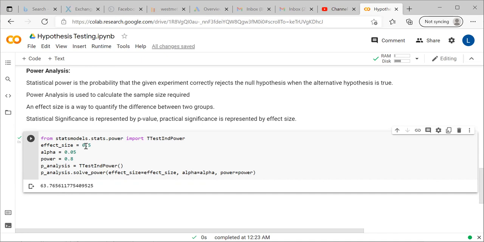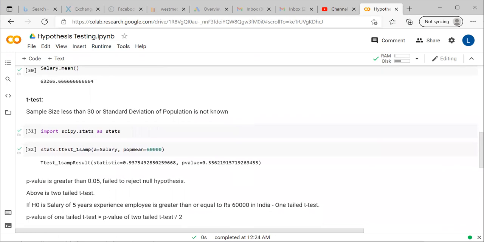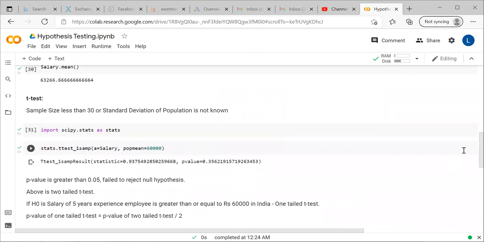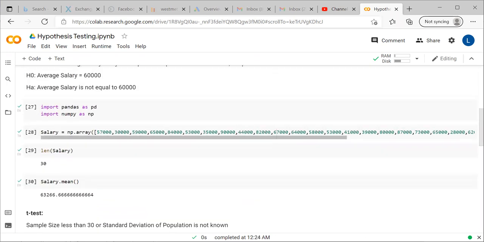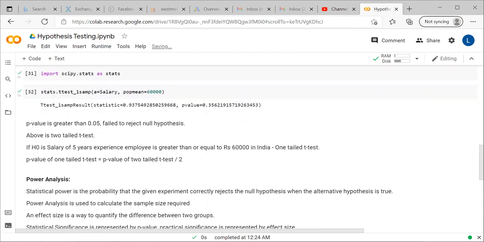This is with the effect size where you keep only a medium difference. But if I say I want to keep the difference between the two groups as minimum as possible, if you execute, then you can see at least 393, 394 samples are required. Which means you can say the 30 samples we have taken for this analysis are not enough.